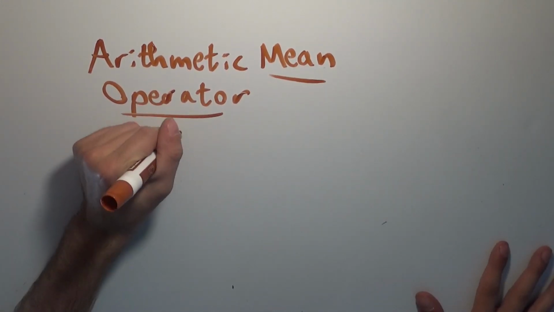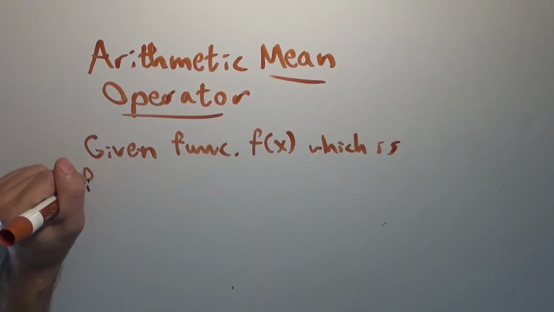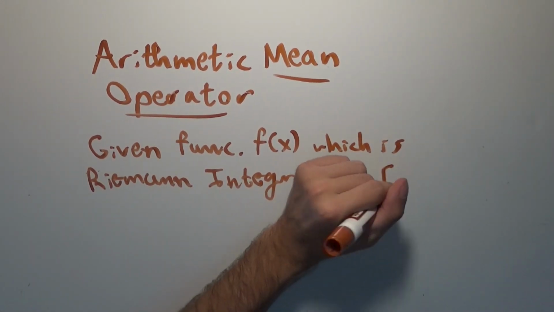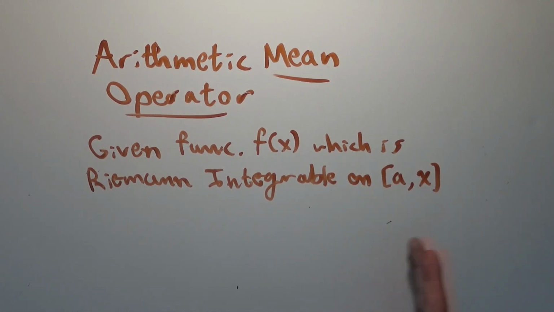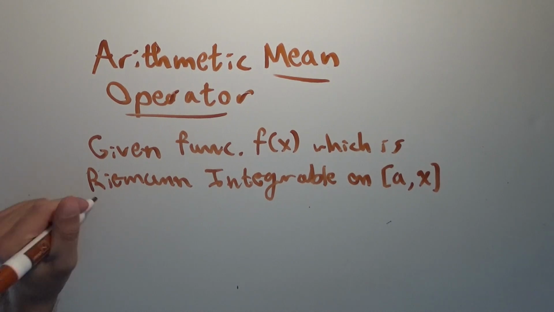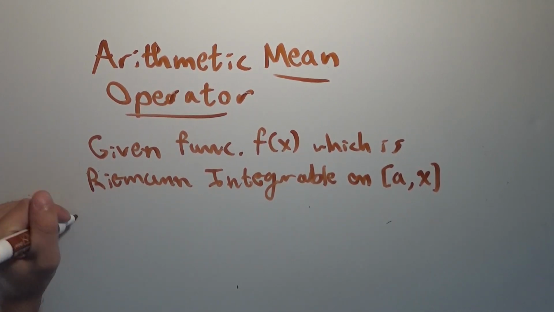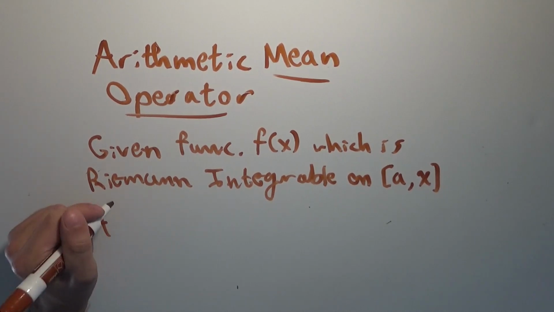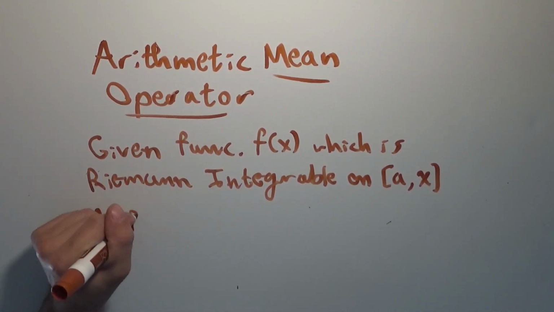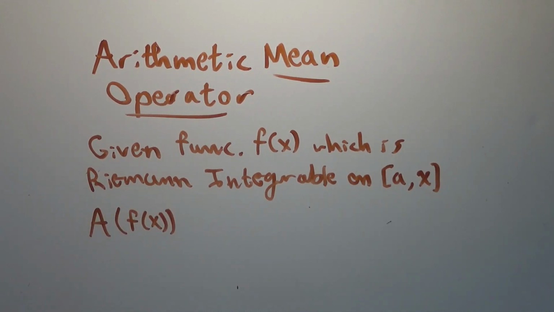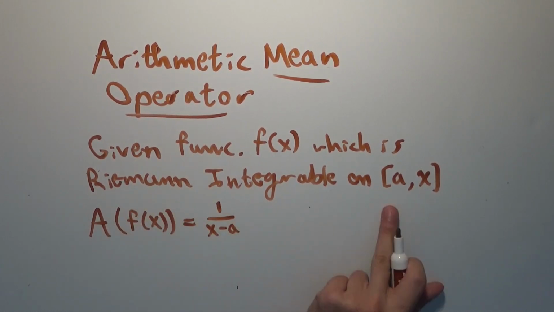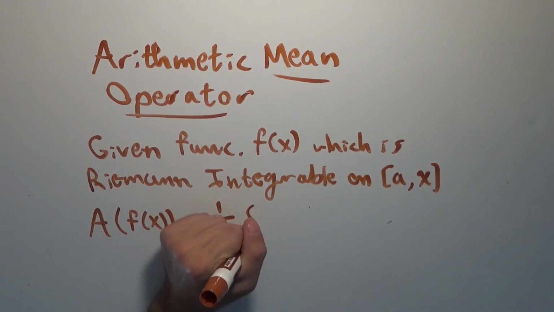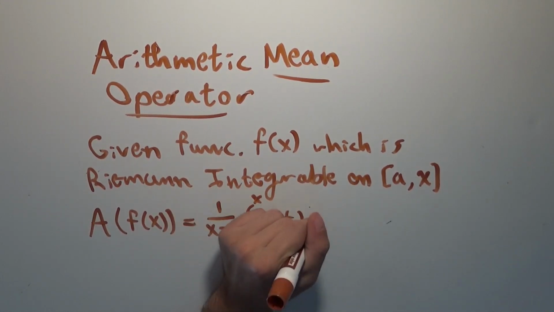Given a function f of x, which is Riemann integrable on the interval from a, where little a is some real number that we're picking, to x, a variable that runs over the real number line, we define the arithmetic mean operator, or average function, of f of x to be 1 over x minus a times the integral from a to x of f of t dt.